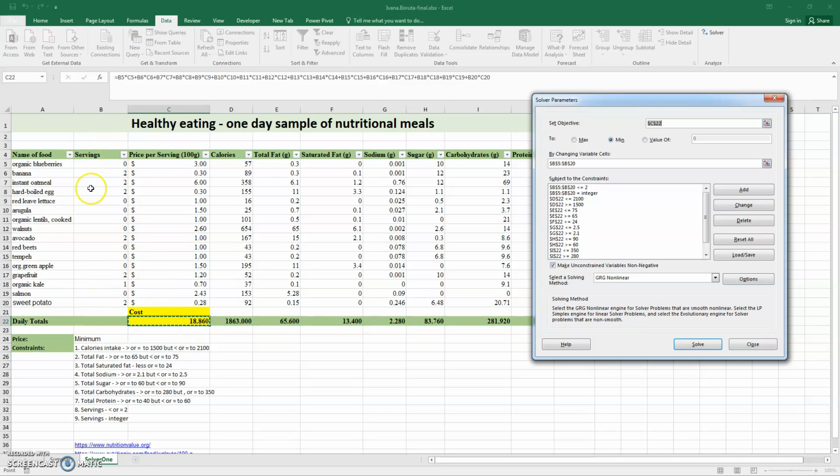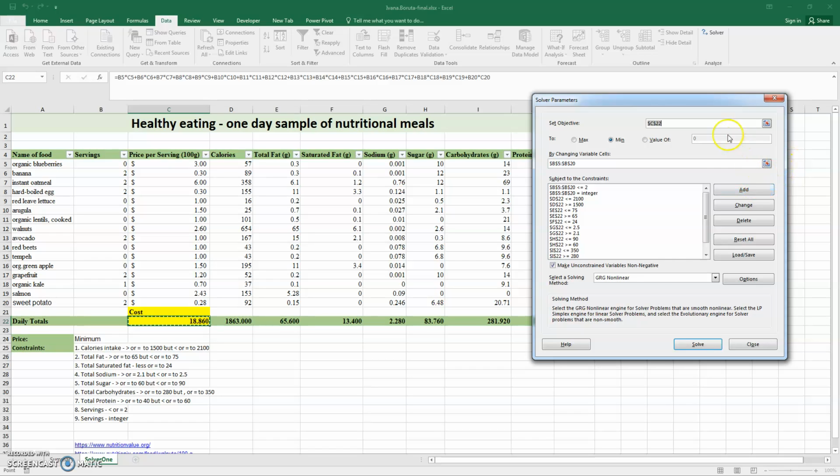It always varies, and by running it, it shows you the minimum amount under these constraints that you have to pay and still be able to achieve the nutritional value.